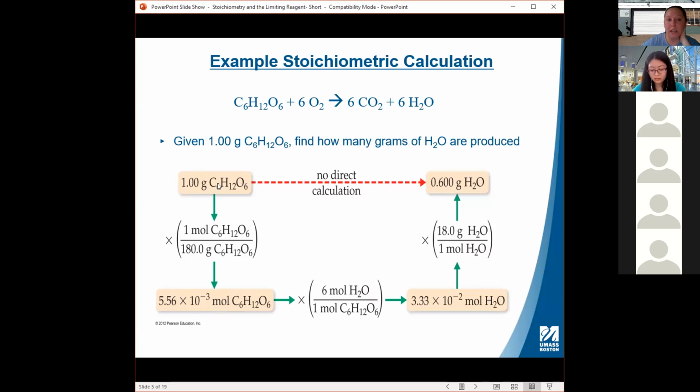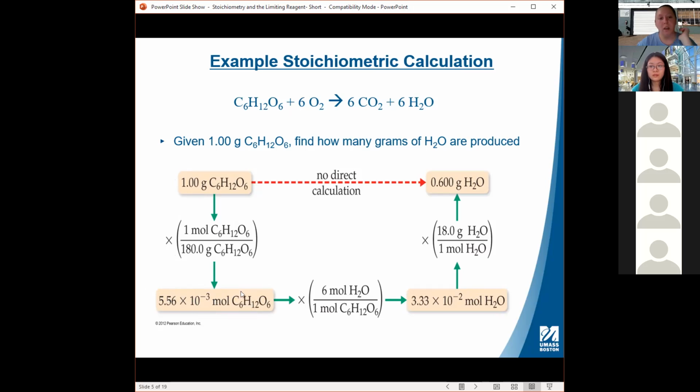So 1 gram of sugar equals 5.56 times 10 to the minus 3 moles of sugar. So it's 10 to the minus 3. And this makes sense because 1 gram is way less than 180 grams, so our amount of moles should be way less than 1 mole.